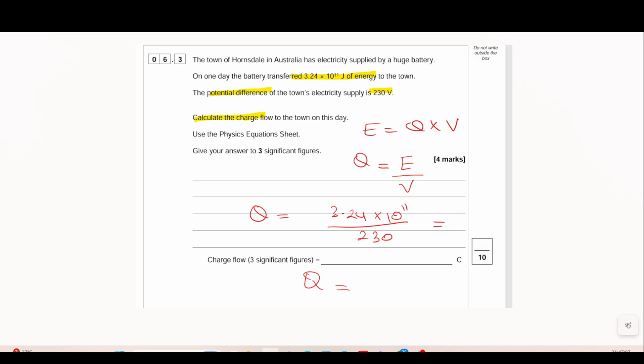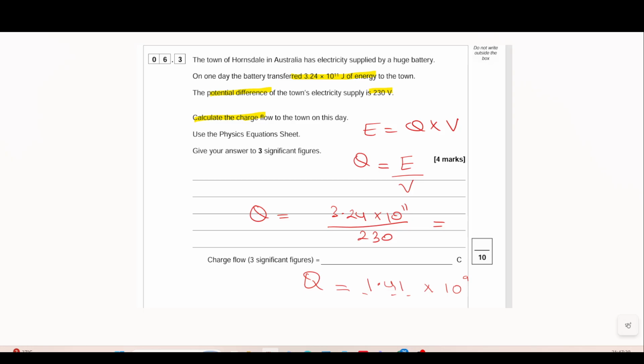If you are getting a big number, it says three significant figures. So 1.41, there are three significant figures, right? Rather than writing the long number, we can convert it into scientific notation, as 10 to the power 9. The answer is 1,408,695,652.